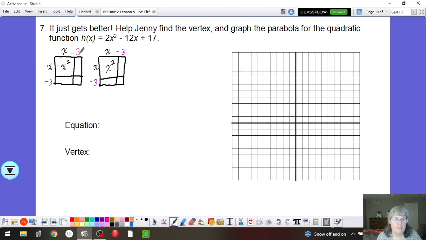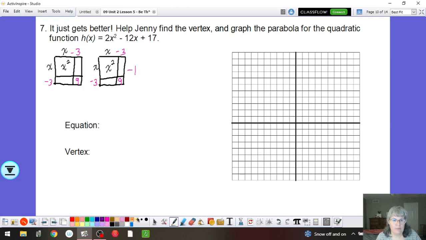And then the units, negative 3 times negative 3 is 9. But we have 2 9s which add up to 18. 9 plus 9 is 18, and we only need 17. So we need to subtract 1.